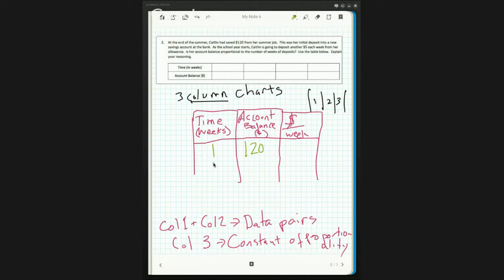Let's look at week number 2, and then week number 3, and see how much she has in her account. If she puts in $5 each week after the first week, then in week 2 she has $125 because she added 5. And how many dollars will she have in week 3 if she continues to put in $5 every week? It'll be $130.